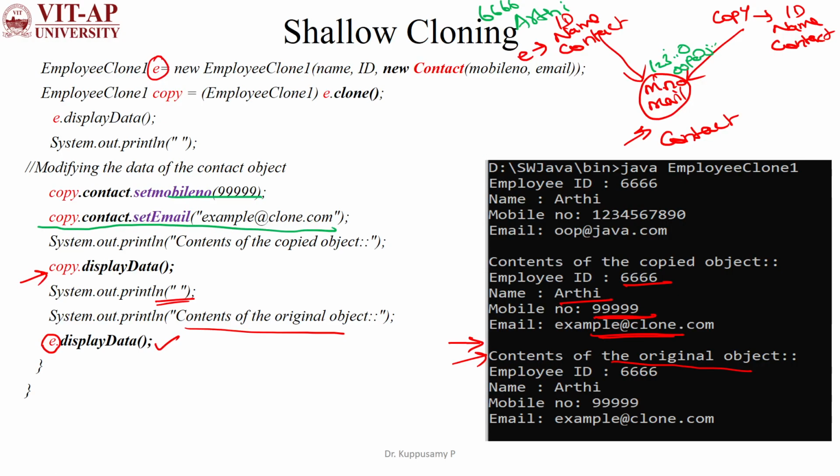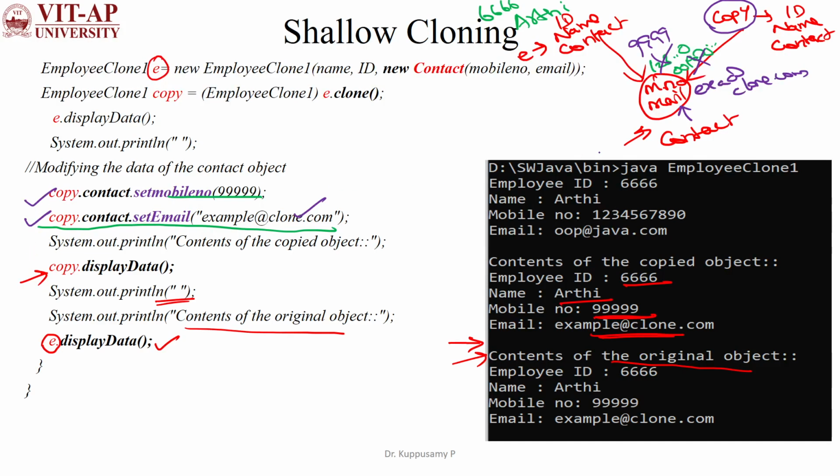This 123 etc 0 is changed into five 9s, and this oop@java.com is changed into example@clone.com. So now the values are changed in this object. The values were changed by using the copy object, the cloned object.